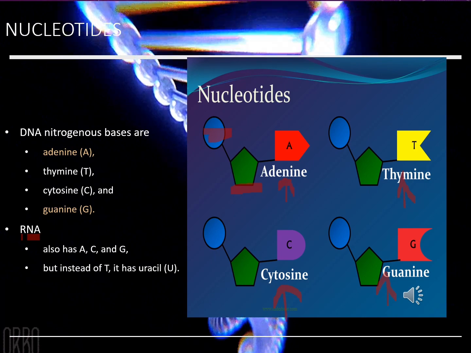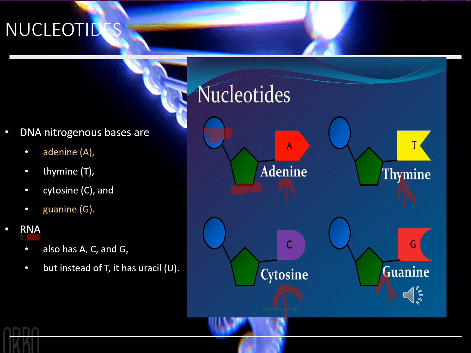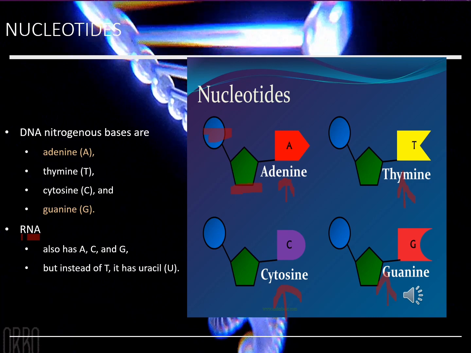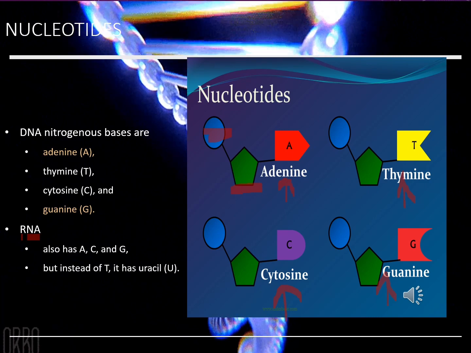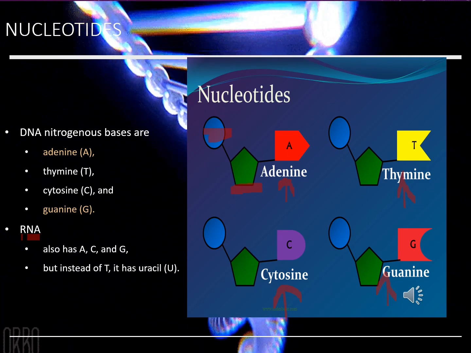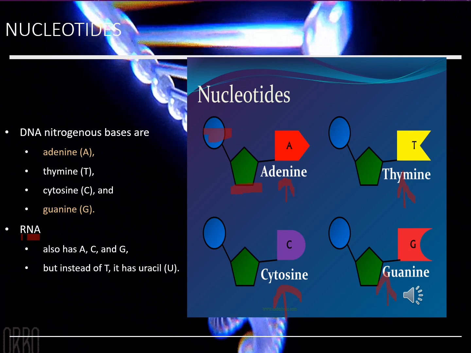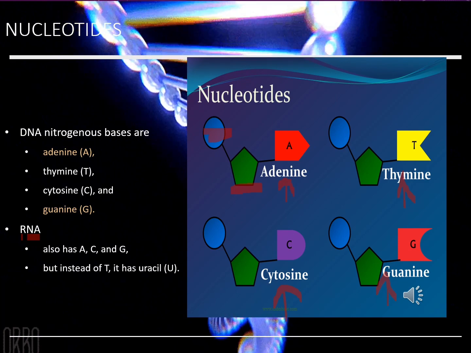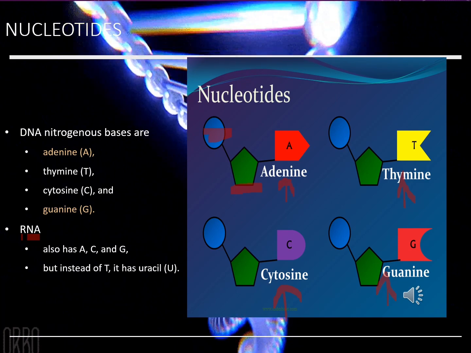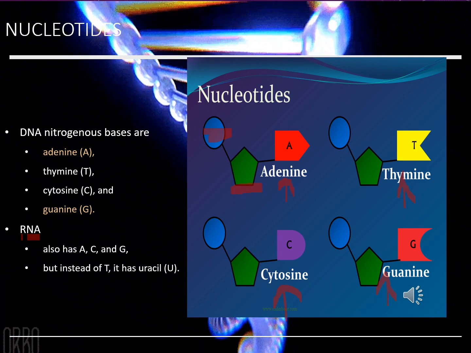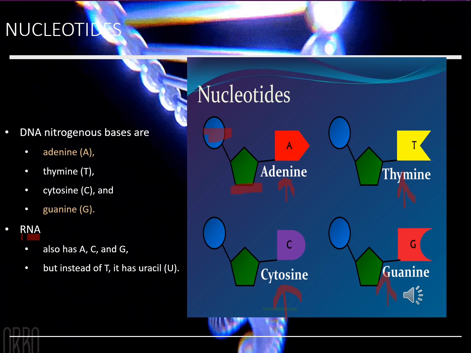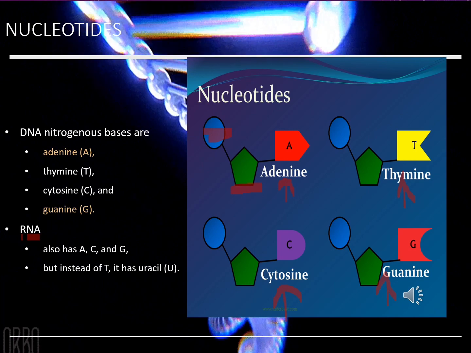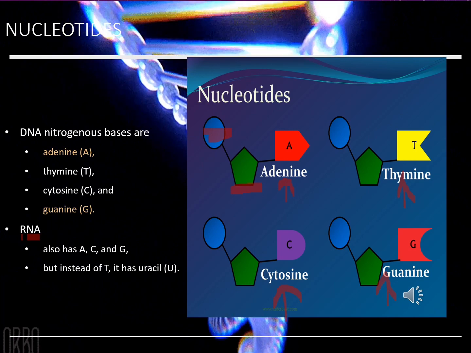Uracil is only in the RNA. So when you see a strand that has uracil, adenine, guanine, cytosine, but uracil instead of thymine, this one is an RNA. If I have adenine, cytosine, thymine, and guanine, it is a DNA.